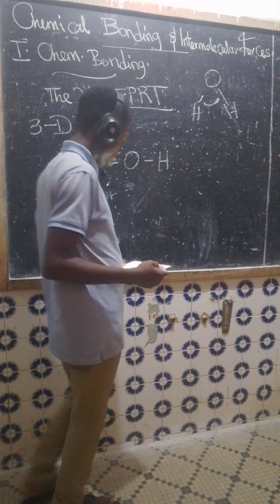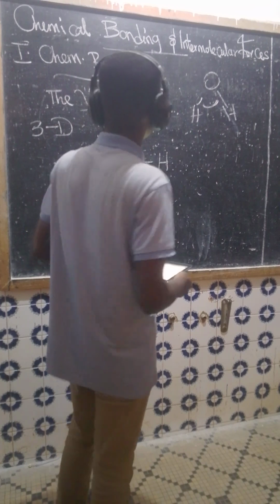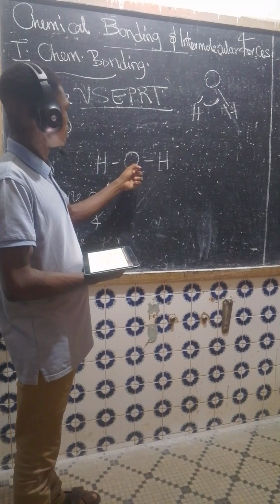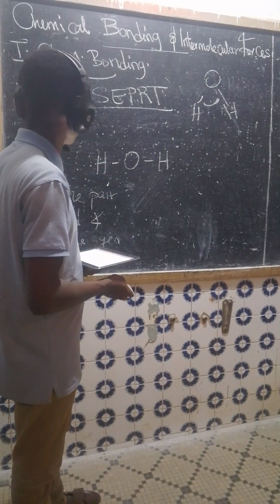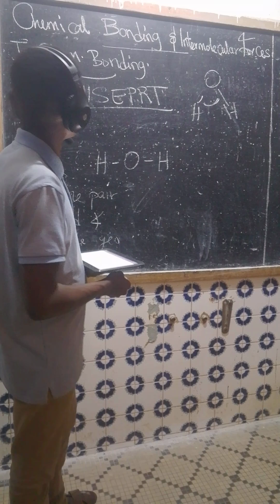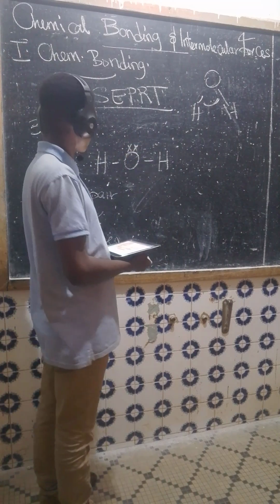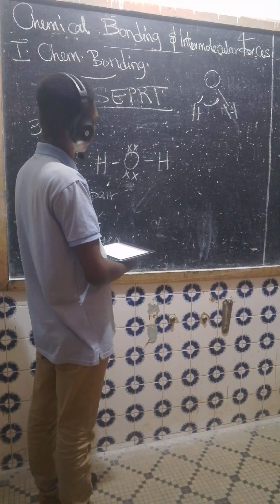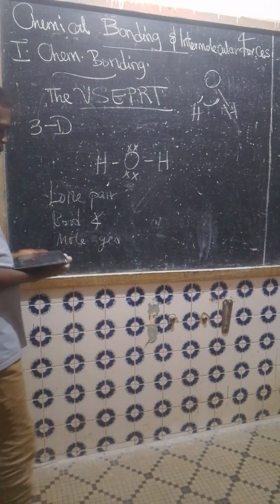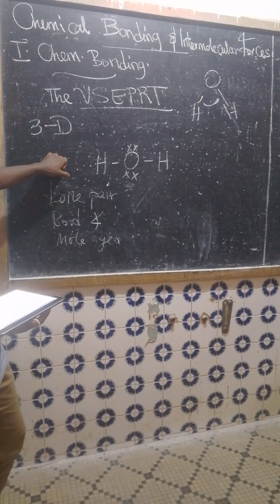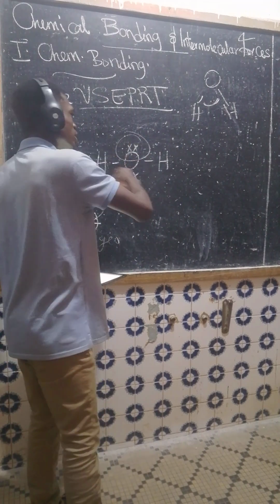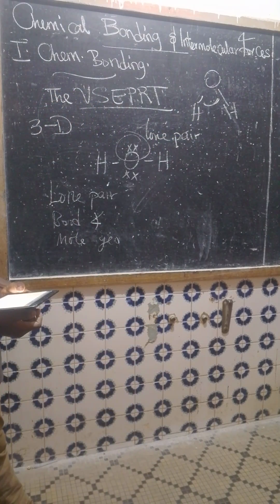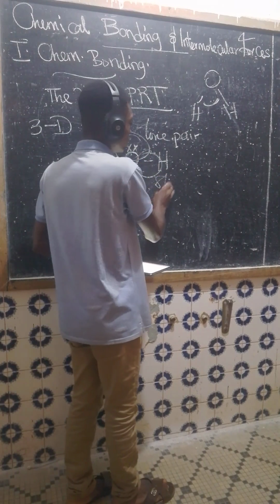Yes, a lone pair of electrons, I hope you know what it means. It means an electron pair that has not been shared in a covalent compound. So here, for example, we have 2 electrons here, and another 2 electrons here. This electron pair is known as the lone pair of electrons, while this one is known as the shared pair of electrons.